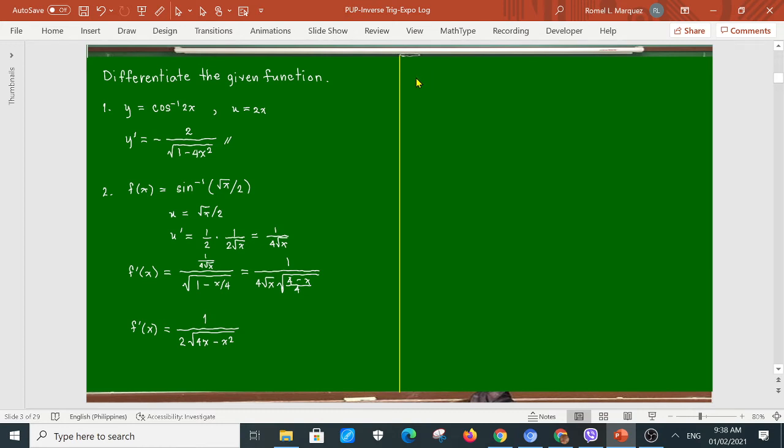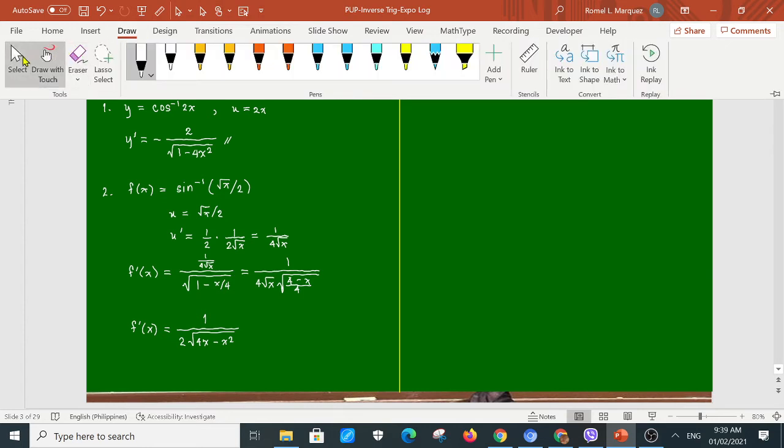Number 3. What about y equals tangent inverse of 4x, and then this is raised to, let's say, 3.